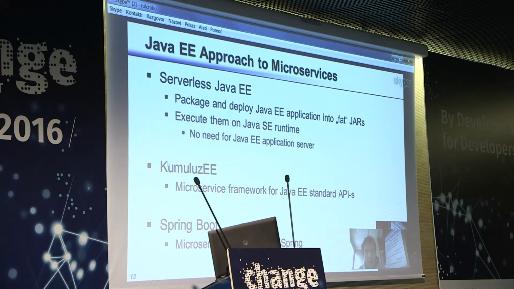What I will show you is a framework called Kumuluz EE, which is the first microservice framework for Java EE and supports all the standard APIs and allows you to build microservices in such a way that you use Java EE APIs, but still package them into jars and execute them on the standard edition. And then there is a similar framework for the Spring framework. It is called Spring Boot.